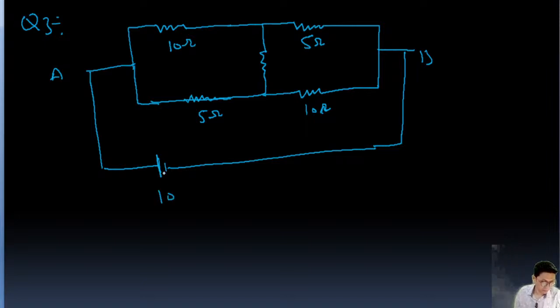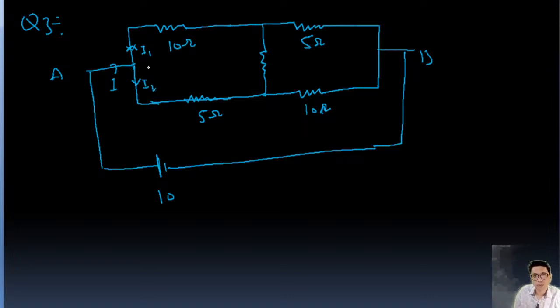Well, right, and now suppose this current is I, so this is going to be I1, and this is I2.